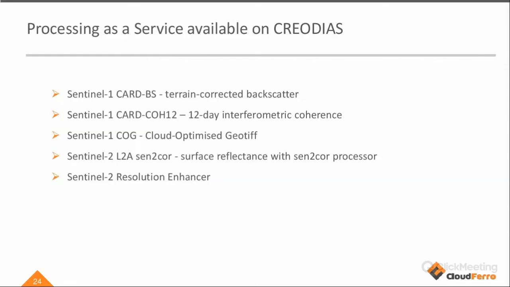But then also, as I mentioned before, on CREODIAS there is processing as a service available. So what kind of processors are available here? Sentinel-1 CARD-BS terrain corrected backscatter, also Sentinel-1 12-day interferometric coherence, Sentinel-1 cloud optimized GeoTIFF generation, Sentinel-2 Sen2Cor processor. So this is the atmospheric correction processor, and also Sentinel-2 resolution enhancer.